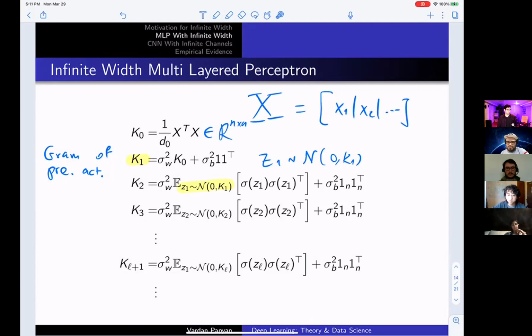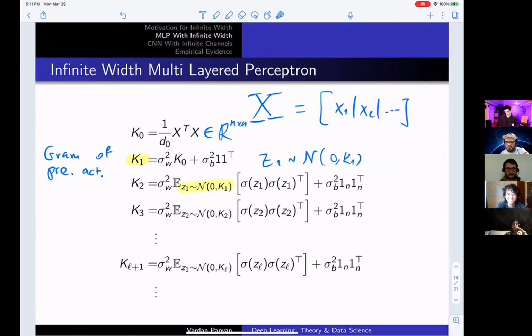One thing that these authors do, for example, is because they know the distribution of the activations in each layer, they can analyze how the distribution behaves after many, many layers, right? And you can show that there's some interesting phenomena that happen, something called the edge of chaos.